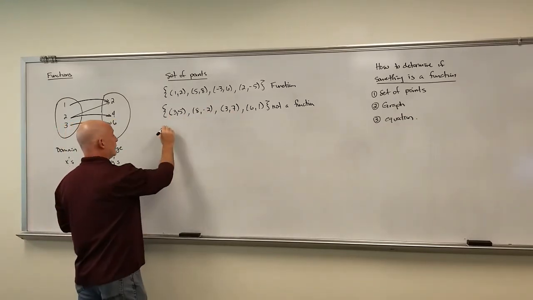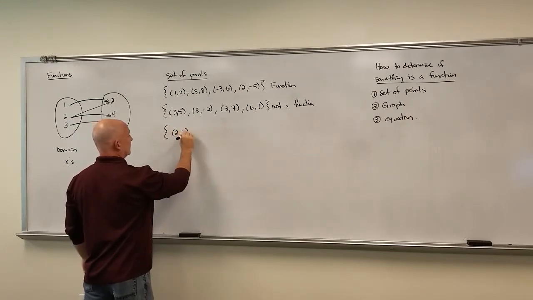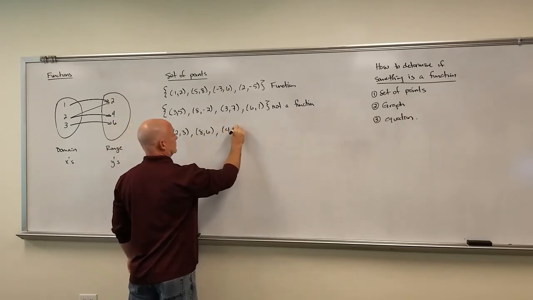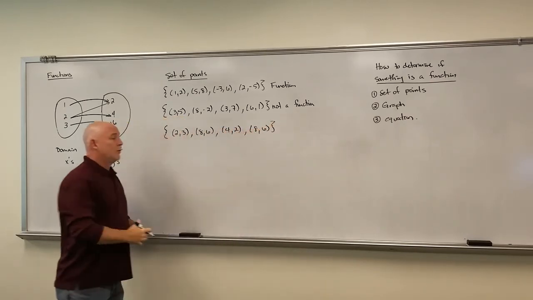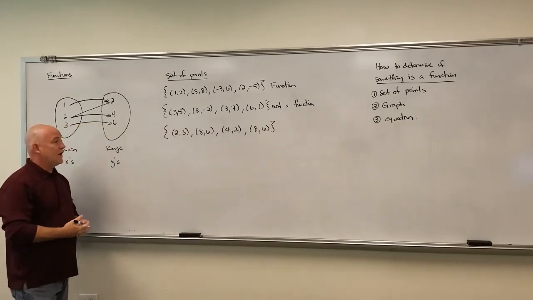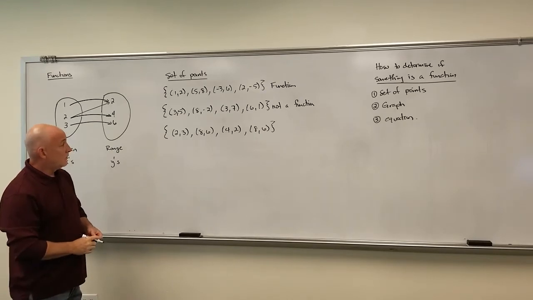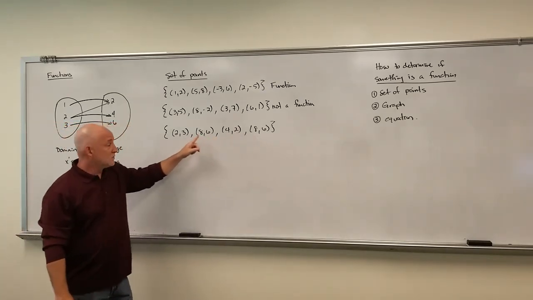Now be careful, let's take a look at one more here, because really this is just done by inspection. 4, 2, and I don't know, 8, 6. All right, a really common mistake that you would make, if I were to ask you whether or not this is a function, some of you would already be saying, no, it's not a function, because the 8's plugged in twice. But notice here, what did we get out?